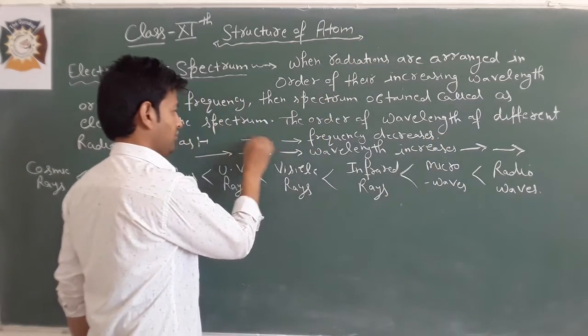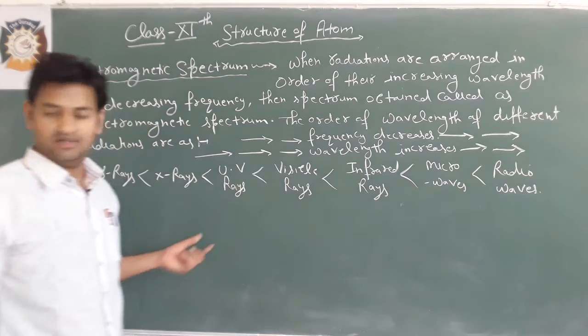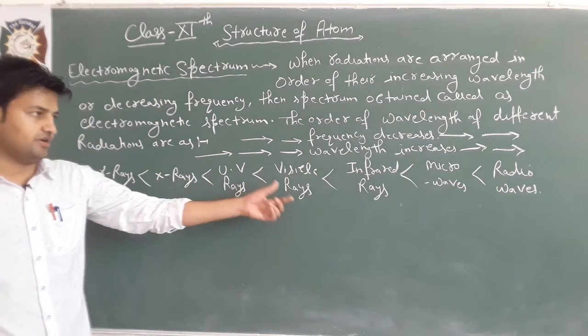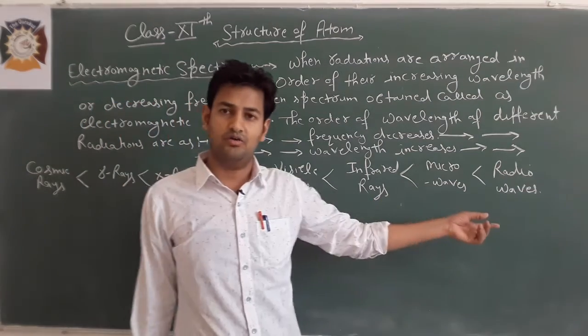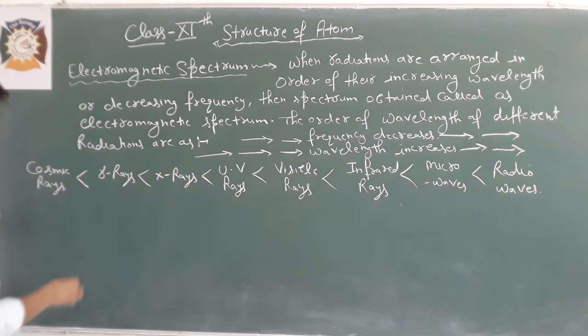So this is the order for the electromagnetic radiation. Different types of radiations are given which are in increasing order of wavelength or decreasing order of frequency, and the spectrum is known as electromagnetic spectrum.